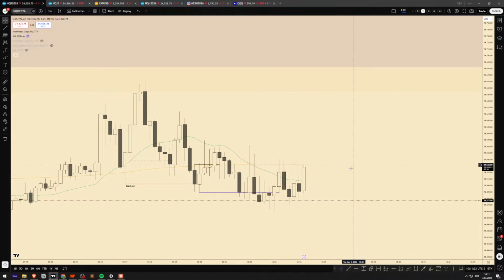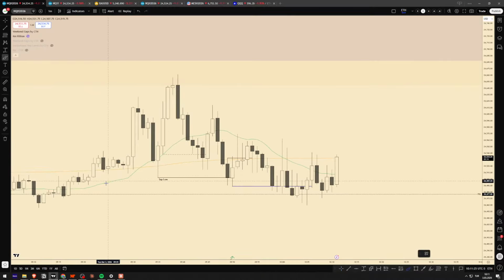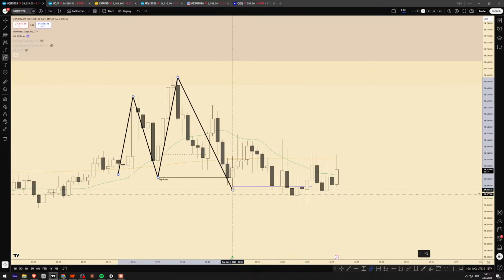Now, look at this. Okay. The tap low is over here, right? Price taking out the tap low. When price takes its tap low, price actually is making a low, then lower high, then lower low, then lower high, then lower low, then lower high, then a failed swing.